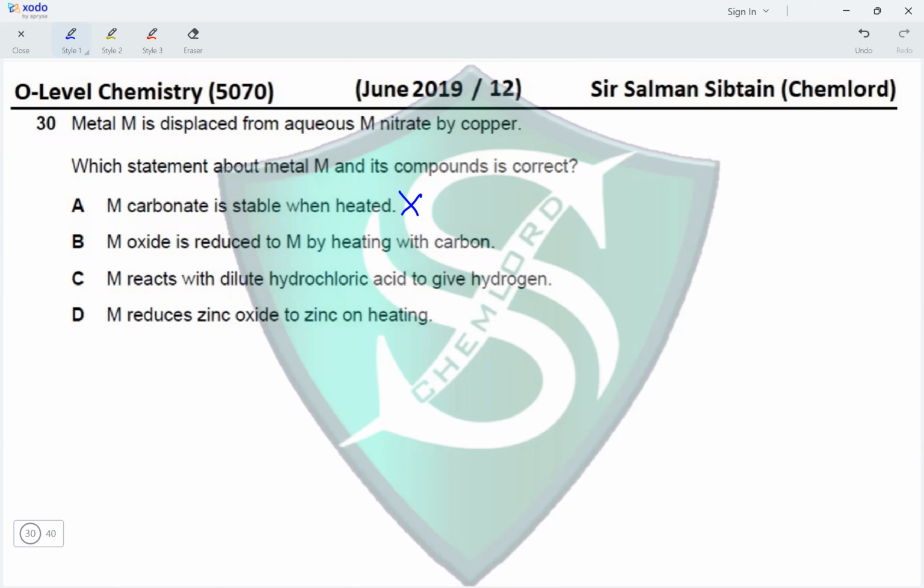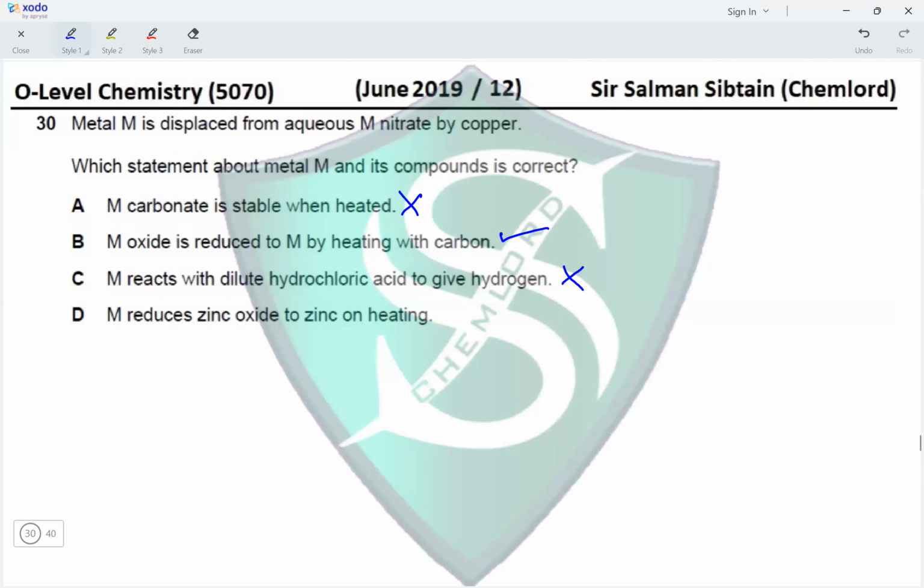Yes, because being less reactive than copper makes it less reactive than iron, and for metals less reactive than iron, their oxides can be heated with carbon and are reduced to the metals. So this is correct. M reacts with dilute hydrochloric acid to give hydrogen? No. If copper is more reactive than M and copper is less reactive than hydrogen, that makes M less reactive than hydrogen as well, so it will not react with HCl.